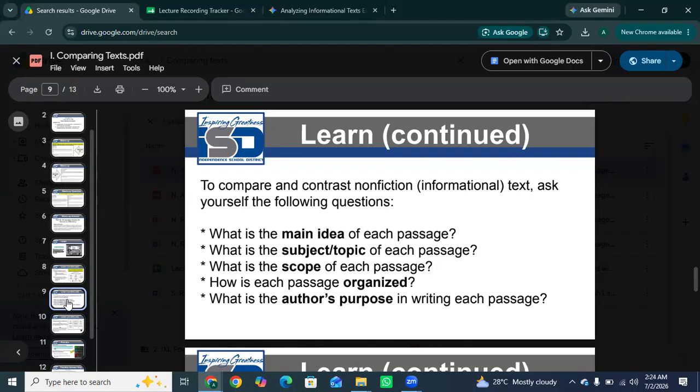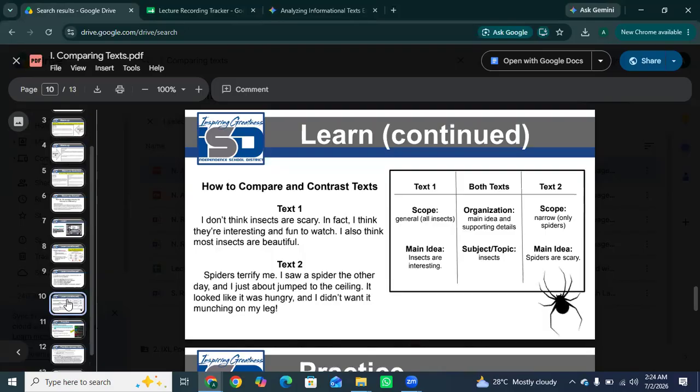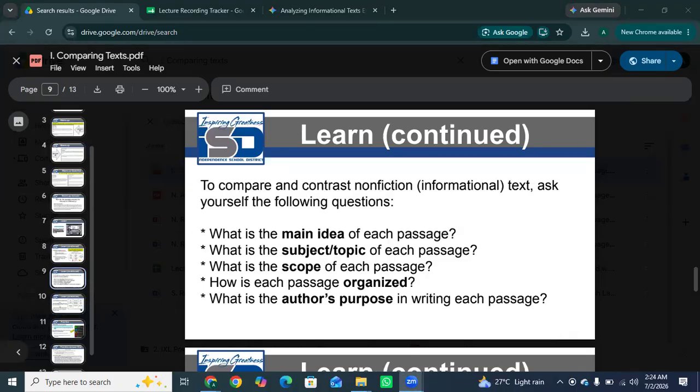The comparison is that both texts are about bugs, but text one finds them fun, while text two finds them scary. And it's your assignment to tell me how each passage is organized and what the author's purpose is in writing each passage.